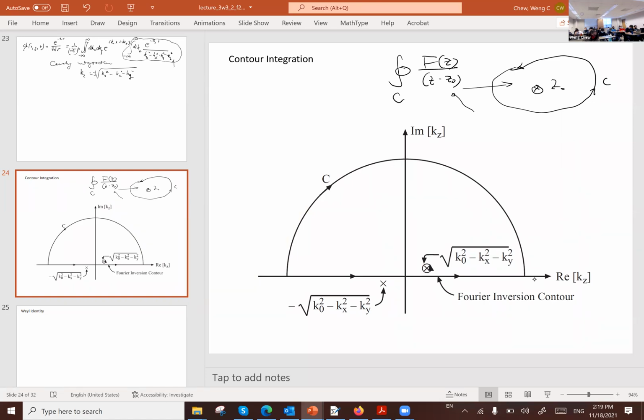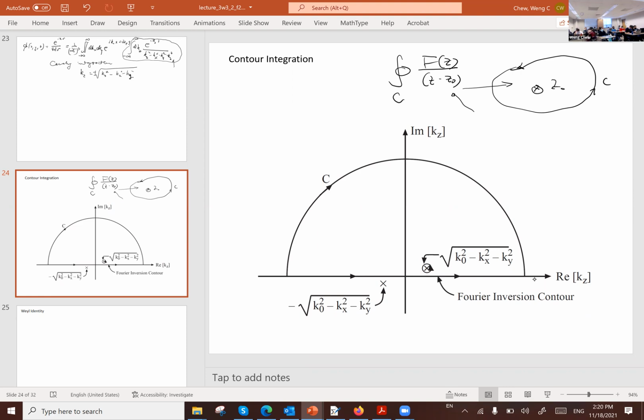If you integrate the field around the point force, only the integration around the point force that is very close to the extremity is important. But I'm not going to prove it. This is called the Cauchy integration technique.